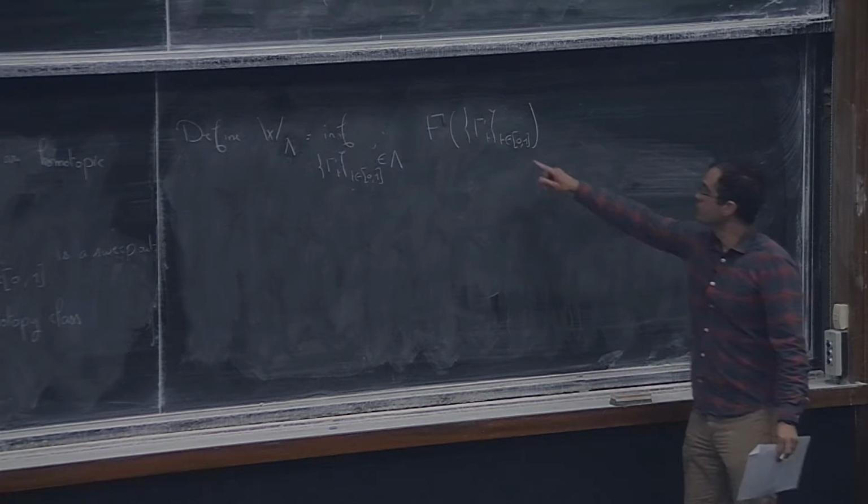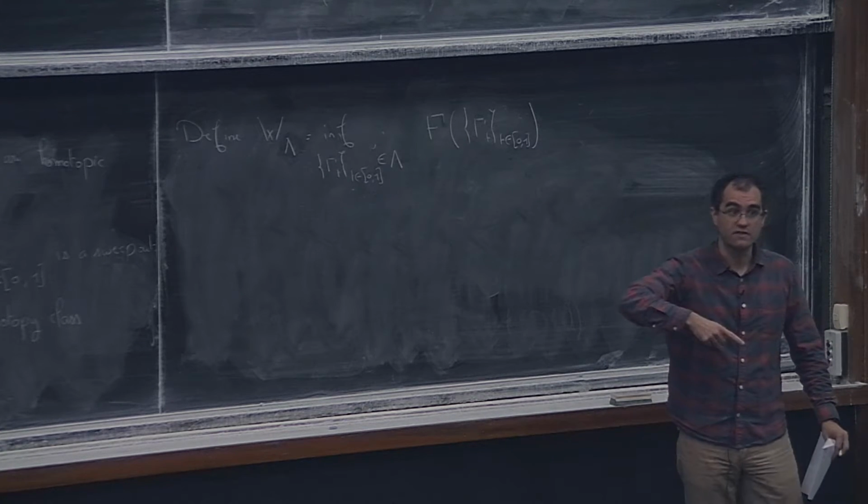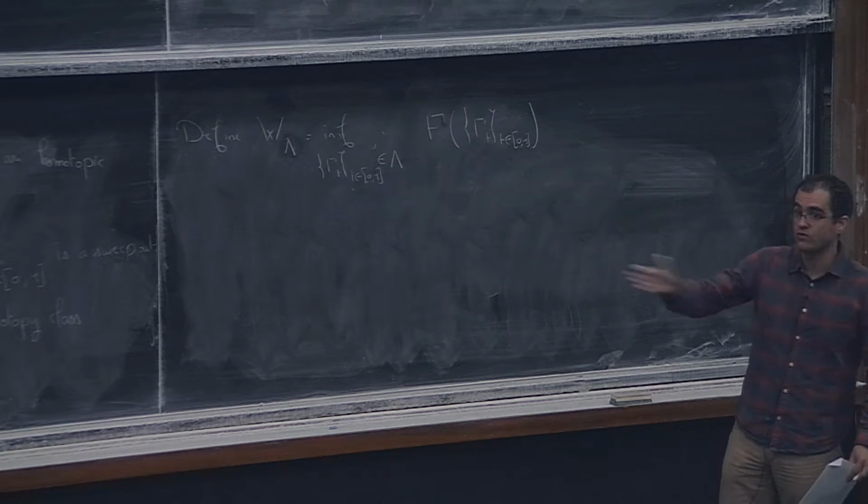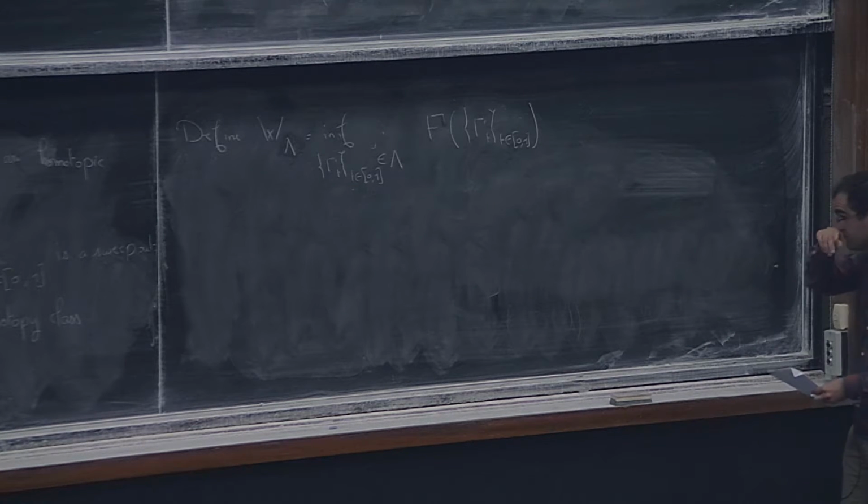So you have a loop, you look at the maximal value along this loop, and you minimize among all the loops in the homotopy class.